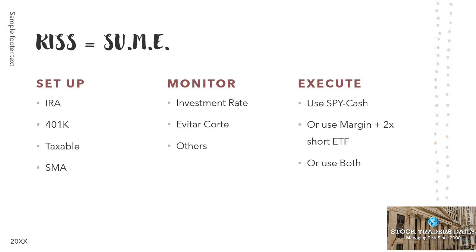And when the warning comes, again, you don't need to use our models, right, for warnings. You can use a model from Goldman Sachs or Morgan Stanley, or if you have one, yours. Monitor for the warnings and then execute. And keep it simple. SPY cash for the IRA, easiest thing you could ever do.